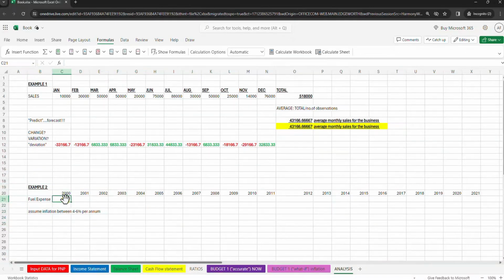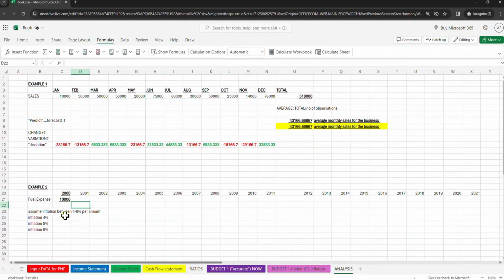Okay. So when I'm looking at fuel, let's just assume, back in 2000, our business spent, let's say, 10,000 Rand on fuel a month, to run the business, to fuel up all the delivery vehicles, etc. And then if you had to use inflation, let's say 4%, inflation, let's say 5%, inflation, let's say 6%, we could take this expense and we could model it month on month, or not month on month in this case, year on year.